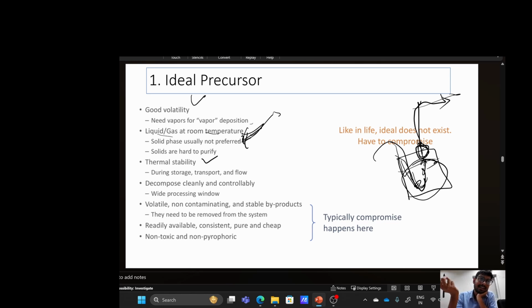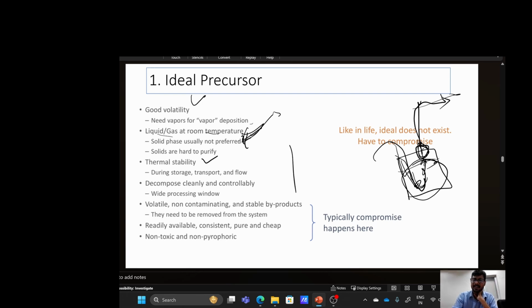If we are keeping them somewhere at a higher temperature, because from one region to another there is always a temperature difference, and if something leaks, it should be thermally stable. It should not get blasted, and it should not create that much partial pressure inside the bubbler itself.